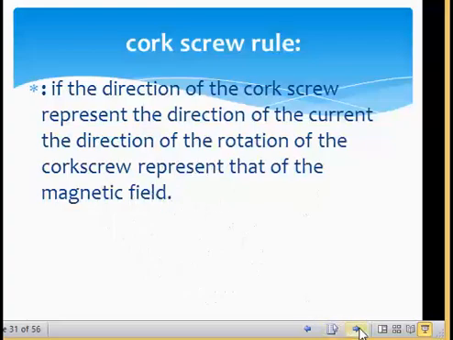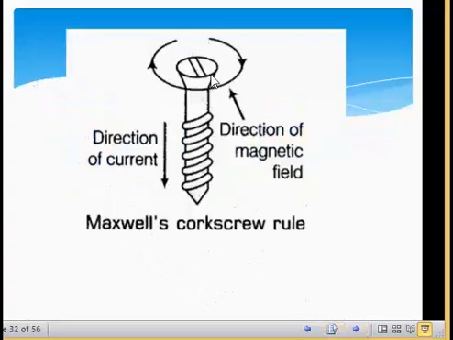So I think a diagram actually illustrates that. Let's look at this. So let's say this is a screw that can be driven by a screwdriver. If I turn the screw clockwise, then the current actually goes down. So for downward movement of the current, it simply means that I have to turn this clockwise. The clockwise movement of this becomes the direction of the magnetic field.